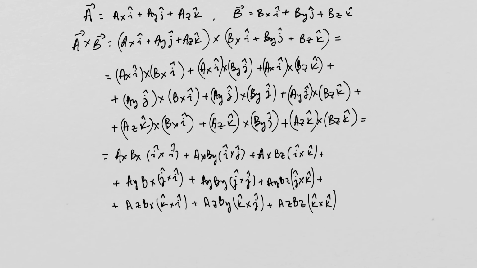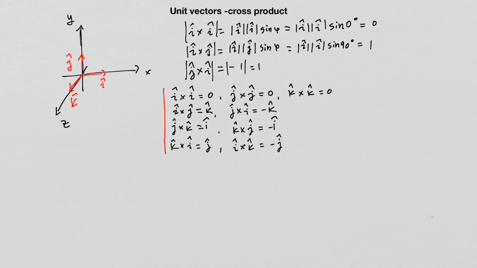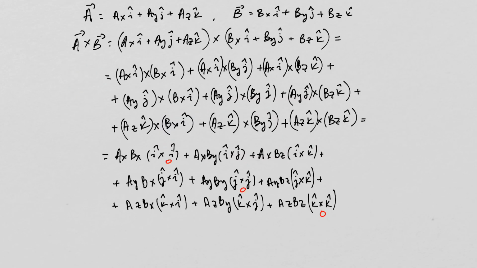Now I'm ready to look at the individual cross products between the unit vectors. So we know that i hat cross i hat is 0, and then j hat cross j hat will be 0, and k hat cross k hat will be 0. For the rest, I'm going to apply the rules that I derived on the previous page, right here. So i hat cross j hat will be equal to k hat. i hat cross k hat will be equal to minus j hat.